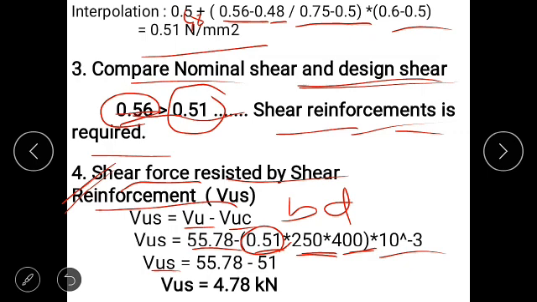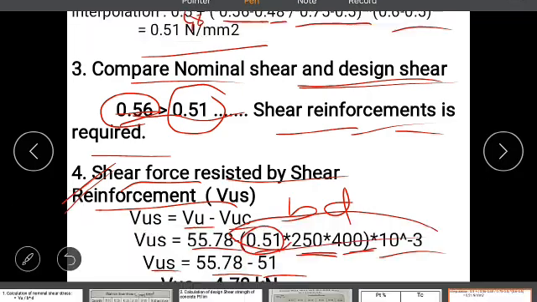So VUS is 55.78 minus this answer, 51, so the value is 4.78 kilonewton. VUS, the shear force resisted by shear reinforcement, is 4.78.